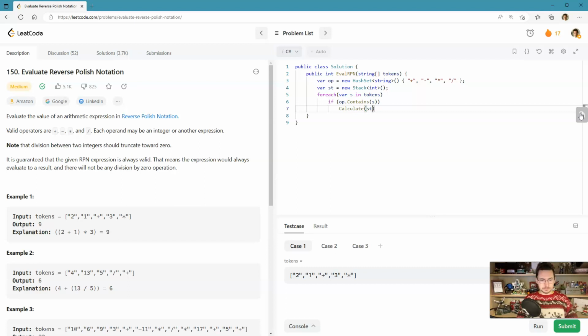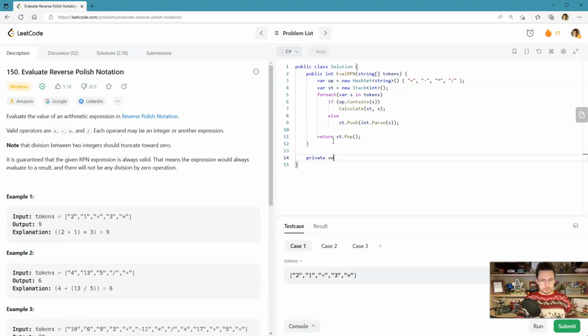We will send our stack there and the operation. Else we will push the value on the stack, int parse s, and as a result we will return the value from the stack.